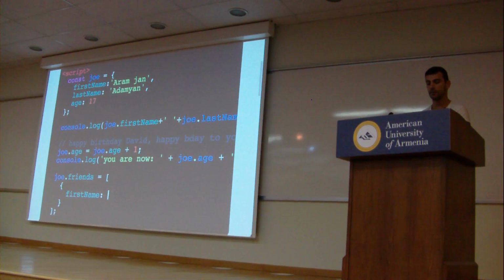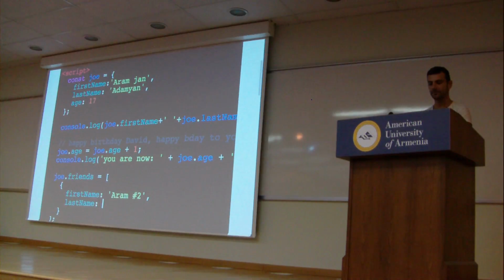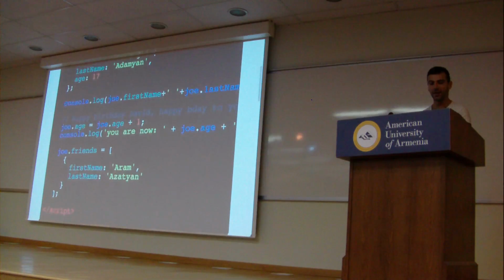First name. Adam. Jeff, who's a friend you have? Adam. Seriously, dude? Yes. Alright, Adam. Okay, last name. Last name, Adam? Azat. Yeah. Then you don't need number 2 because you have a last name too, right? That's what the last name is for. Alright, one more friend. Are you serious?